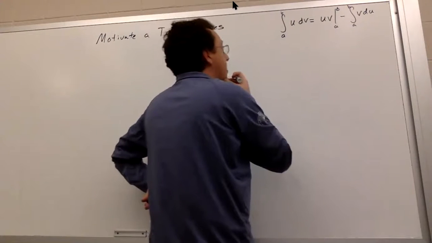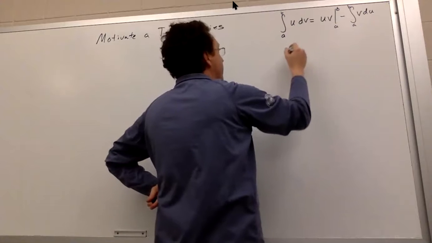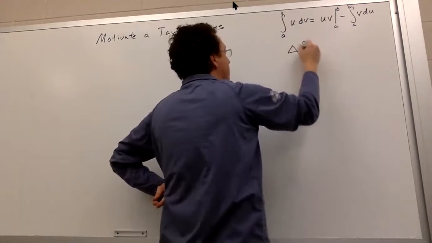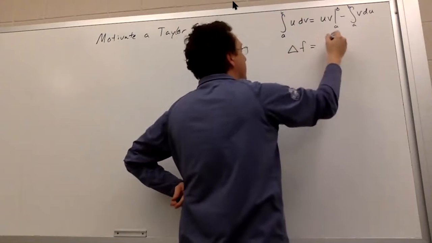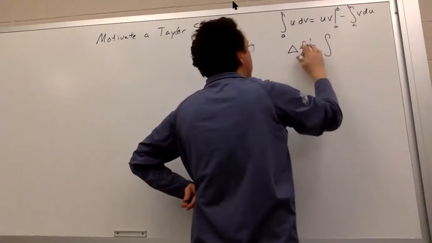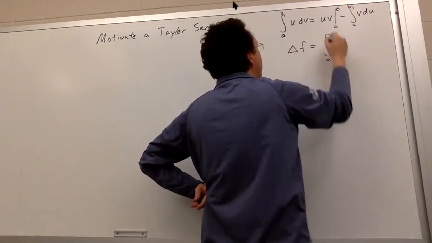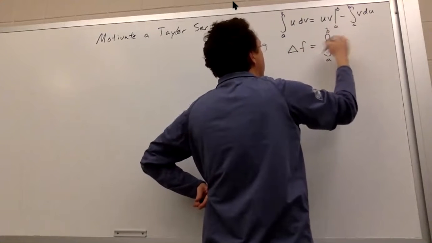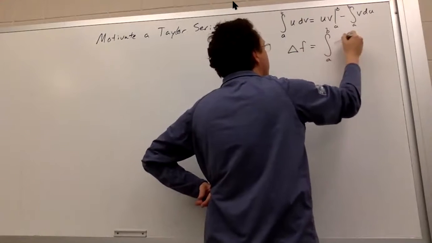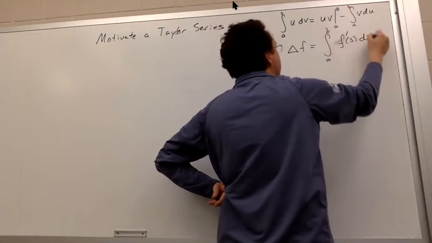I'm going to make another observation. Another observation is that the change in a function simply equals the integral, say, the change in going from a to b. That's the integral from a to b of the derivative, I'm going to write that as f prime of s ds.